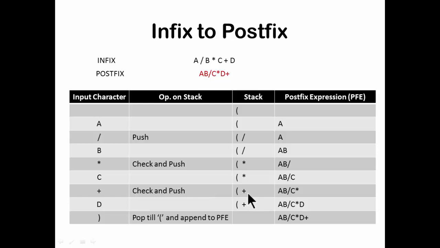The higher precedence operator is popped, written onto the PFE, and the new operator, that is plus, is inserted into the stack. D is an operand, directly mapped to the PFE. Then the closing bracket, or the right parenthesis: everything from this point to the left parenthesis will be popped and appended to the PFE. So at last you will get the plus operator. This way, using this stack, you can convert any infix notation to postfix notation.